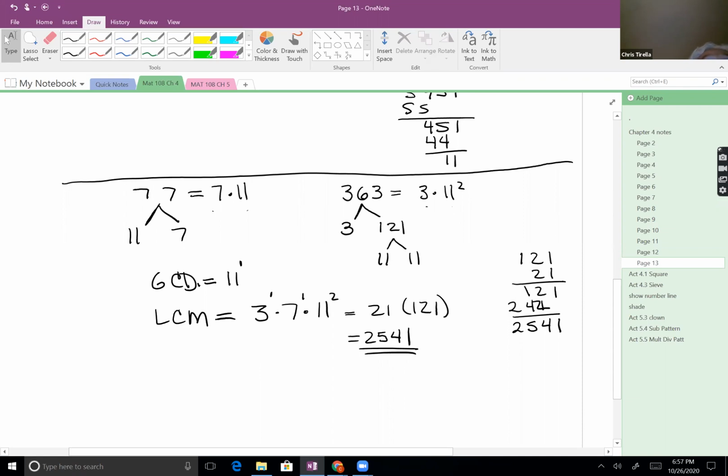Some of them are word problems. Take your time looking at them. If you have questions on them, please ask. We can look at them next class or during my office hour.